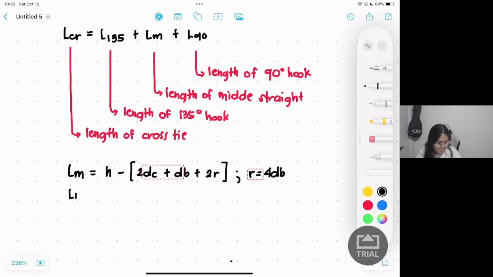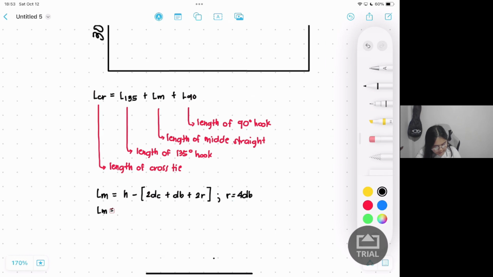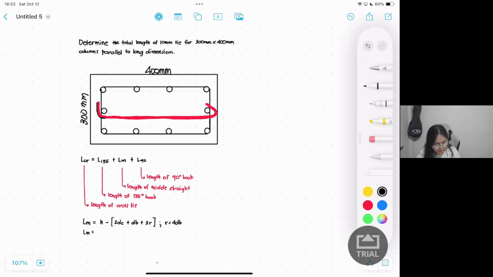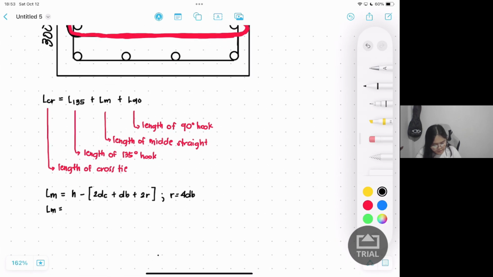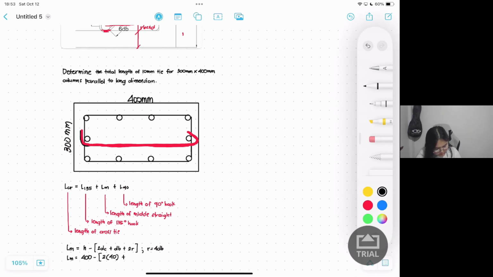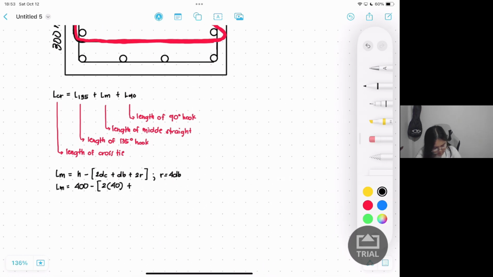So, LM, ang given height natin, since parallel siya dito sa longer dimension, so 400 yung H natin. Minus 2, concrete cover na 40. Minimum yan. Plus dB na 10 mm.